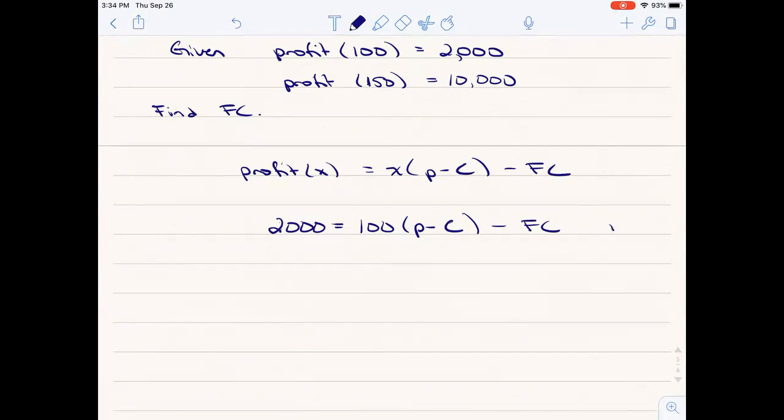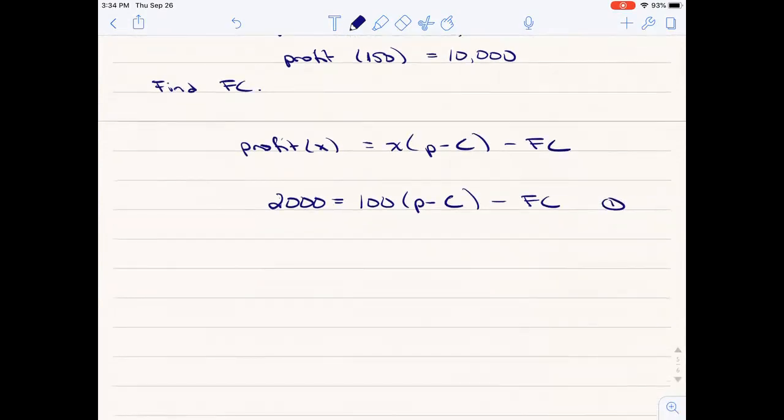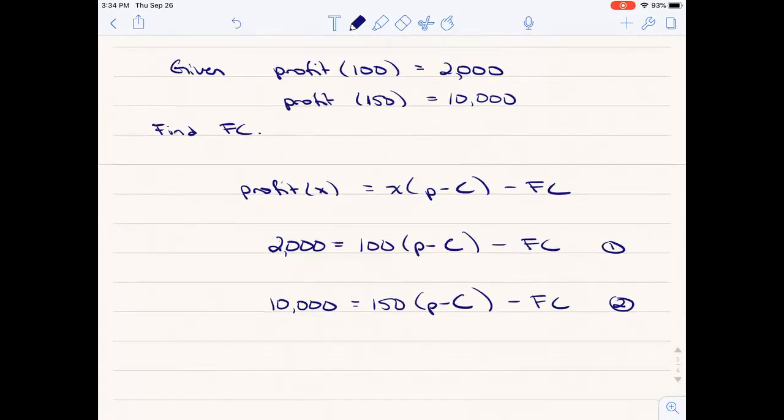So that's the first statement. The second statement says that 10,000 is 150 times P minus C minus the fixed costs. I'll just label these up here, 1, 2 as well.